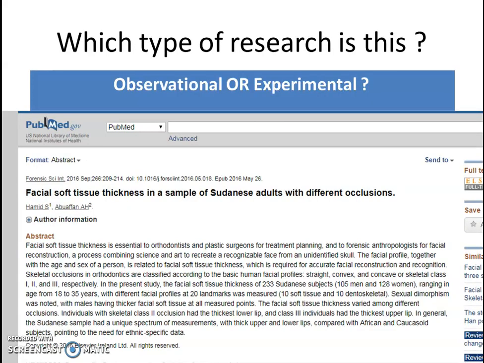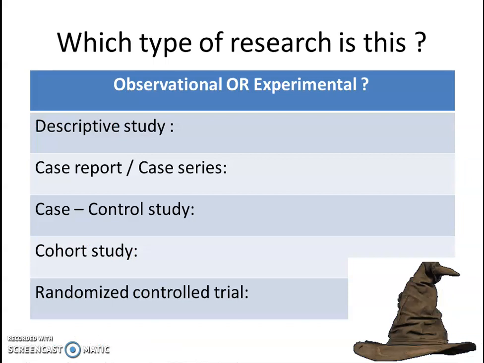So pause the video, tell me whether this is observational or experimental. Okay, pause the video again and tell me which amongst these are observational, which amongst these are experimental. We can discuss it when we meet face to face in the class.